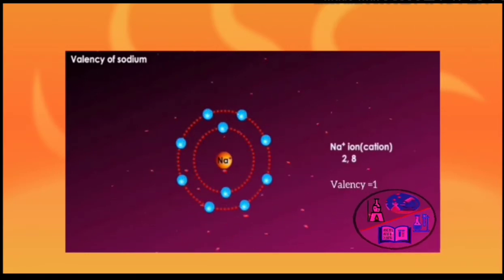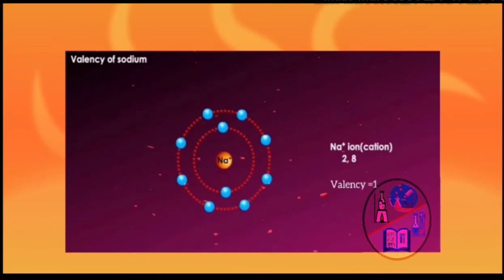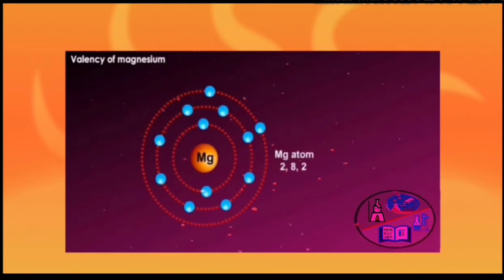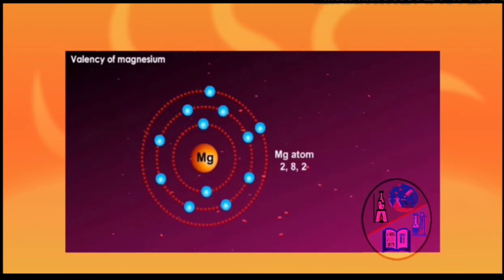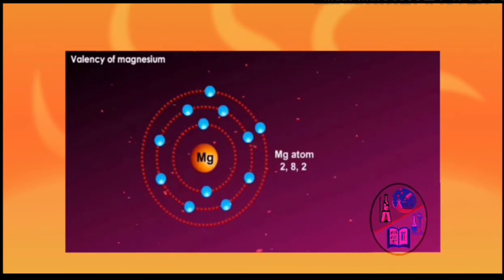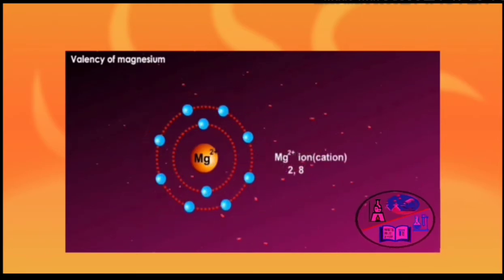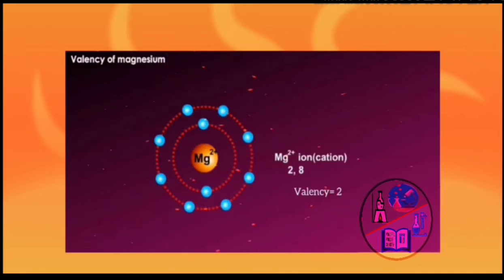Hence, the valency of sodium will be 1. Valency of magnesium. In magnesium, the outermost shell has 2 electrons. In order to become stable, it will lose 2 electrons and hence the valency will become 2.